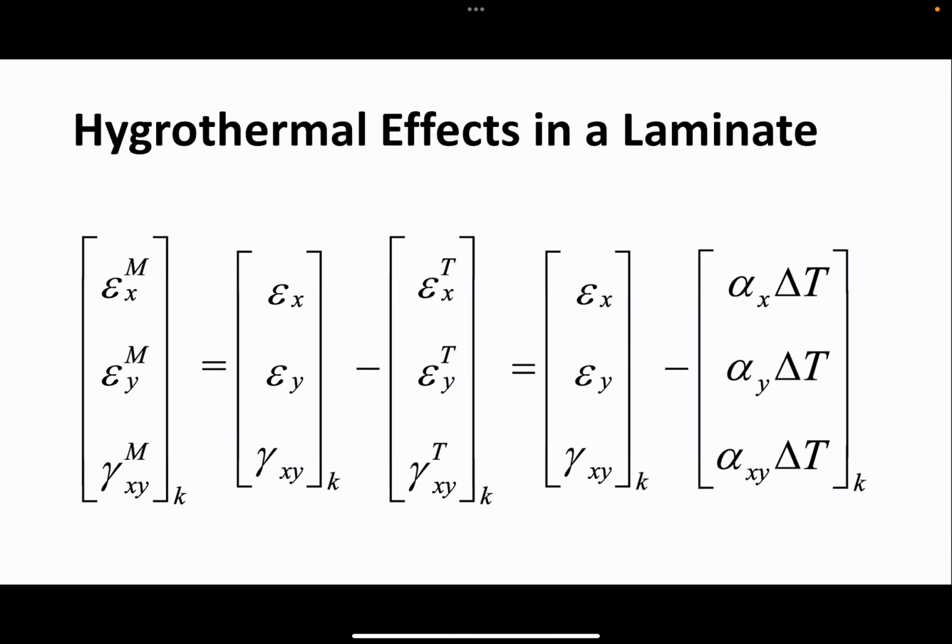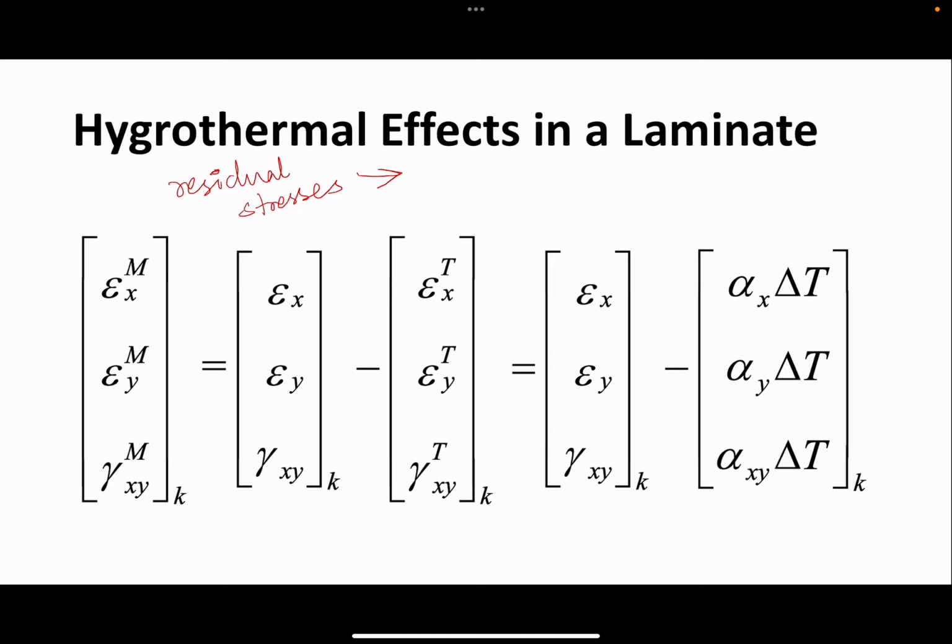But think of an airplane wing, it is constrained in one direction, and because it's made up of layers that have different orientations, they might not all be equally able to move or expand or contract according to the temperature. So that gives rise to residual stresses, because they can't all move equally, because of their stiffness variations.